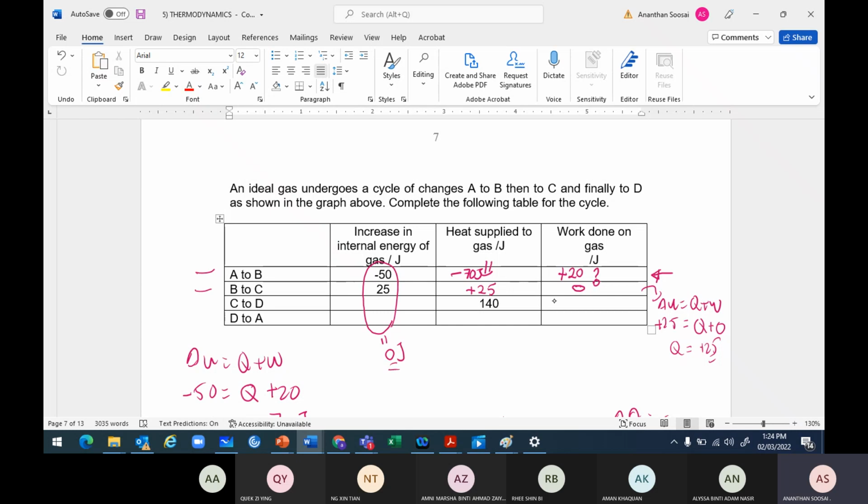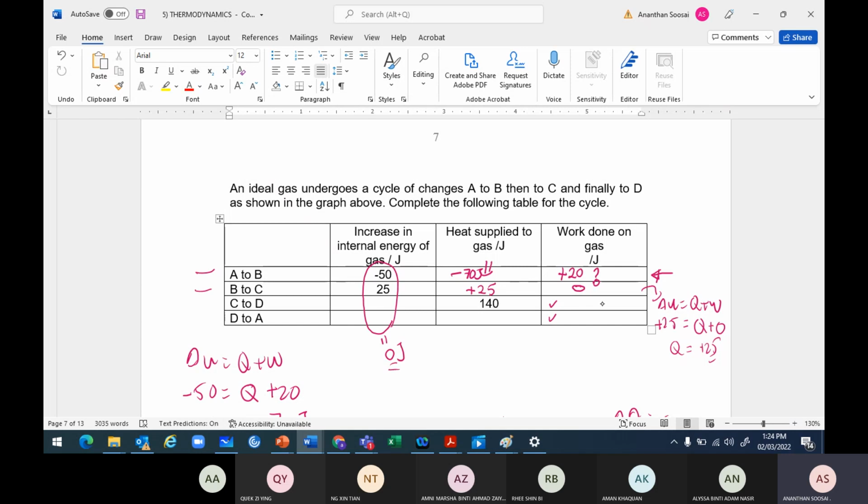I think first you need to find both works. Get both works. After you get the work, I think you can fill up the internal energy.